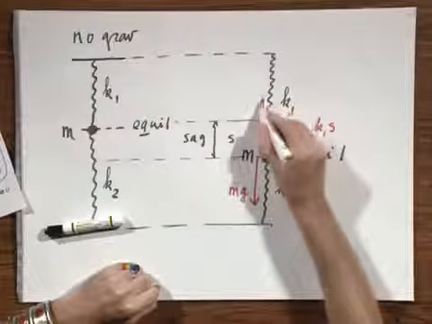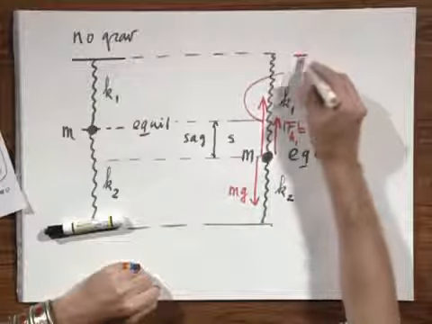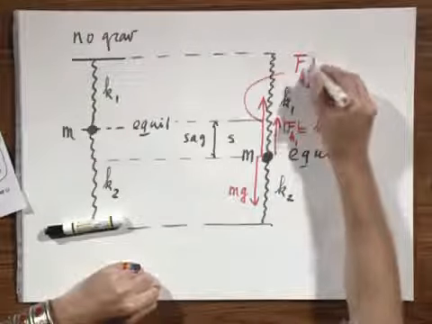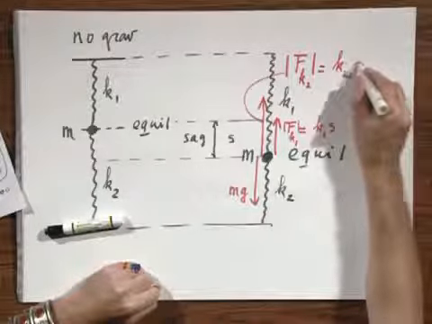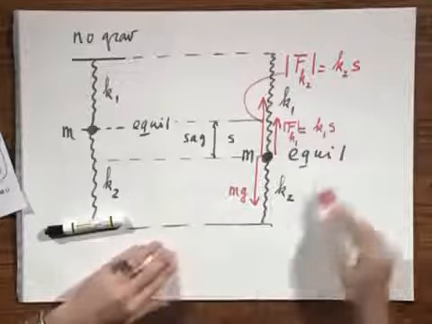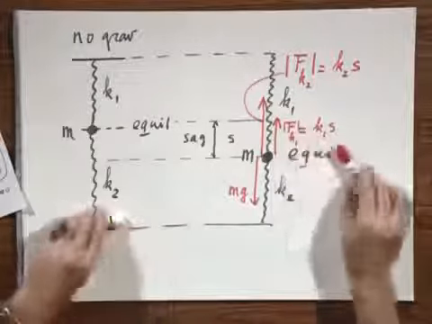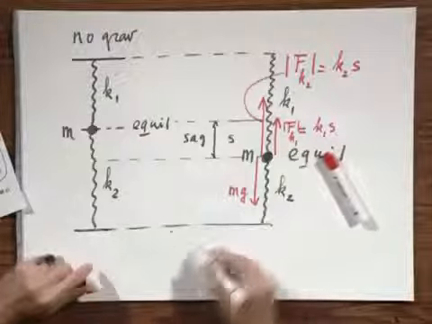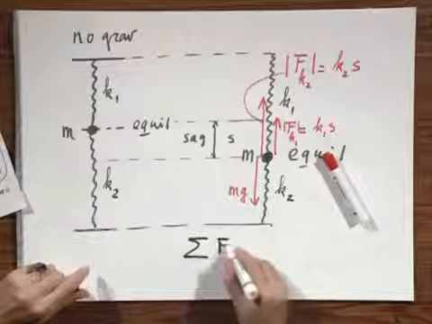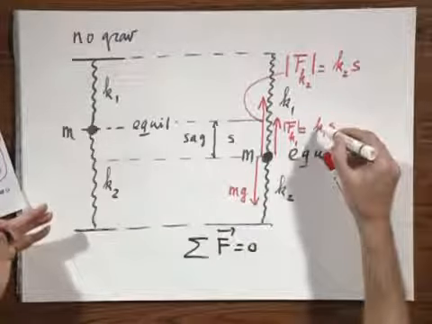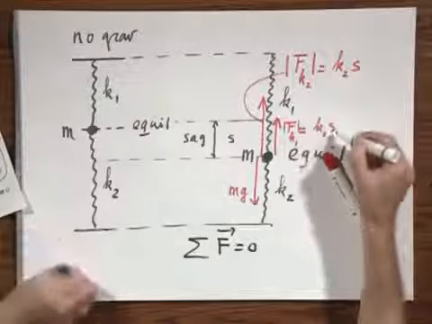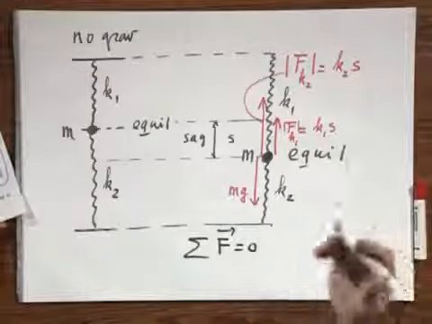So it will also push up with a force F K2, and the magnitude of that force in upwards direction equals K2 times S. There has to be equilibrium. The sum of all forces in this direction will have to be 0. In other words, mg must be equal to K1 plus K2 times S. And this, if you want to, allows you to calculate what S is, how far this object is sagging.